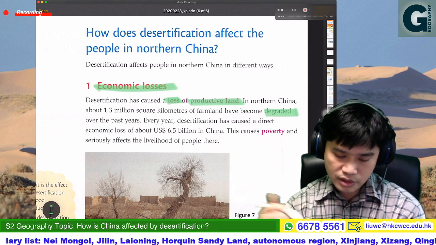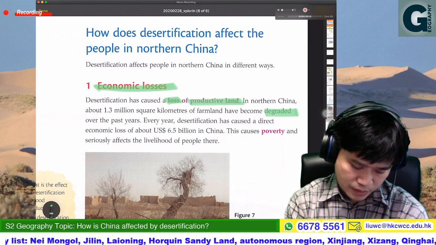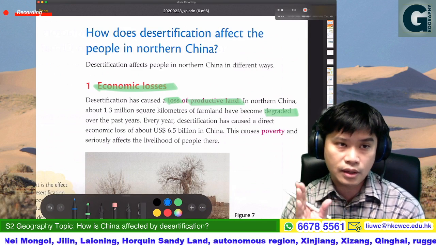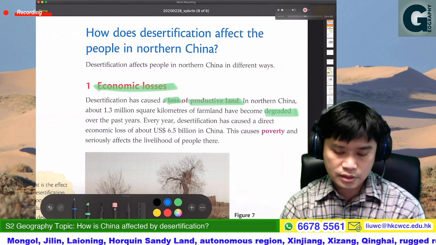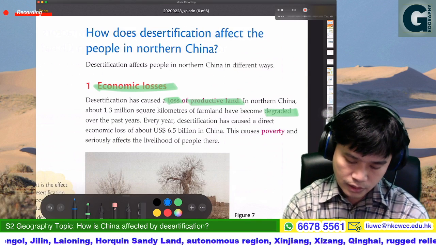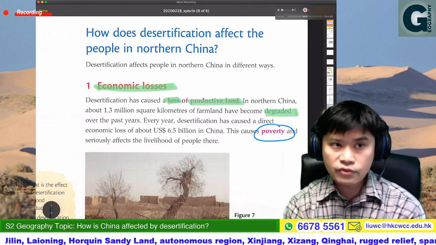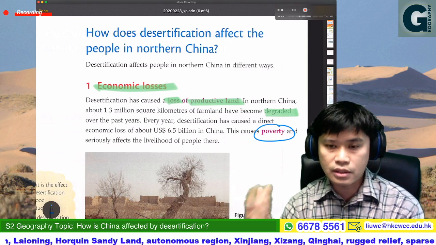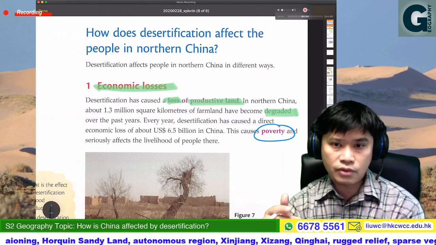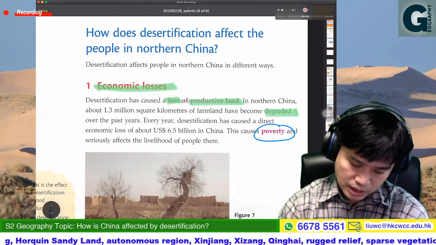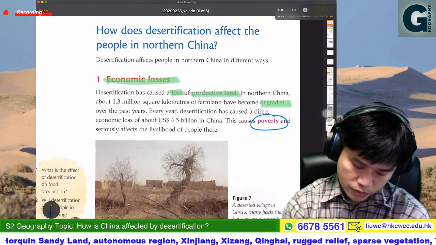Every year desertification causes direct economic loss. Therefore, one of the problems brought by desertification would be poverty，一個貧窮嘅問題啦。Poverty is quite serious, especially in the northwestern part of China, and that seriously affects the livelihood of people there.